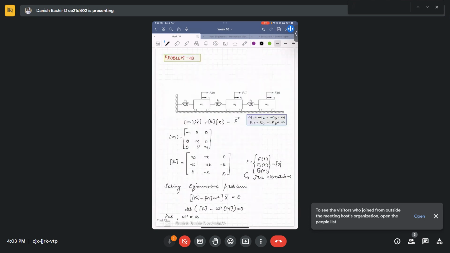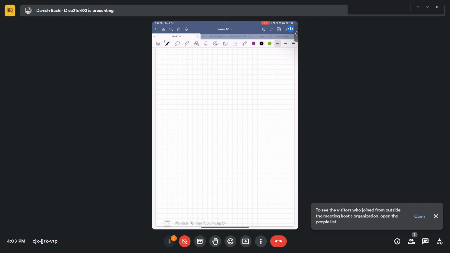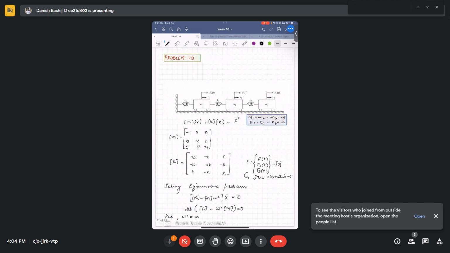So when I do that, I will get the cubic polynomial of alpha cube minus 5 alpha square plus 6 alpha minus 1 is equal to 0. Put here and solve. This is our equation 7.